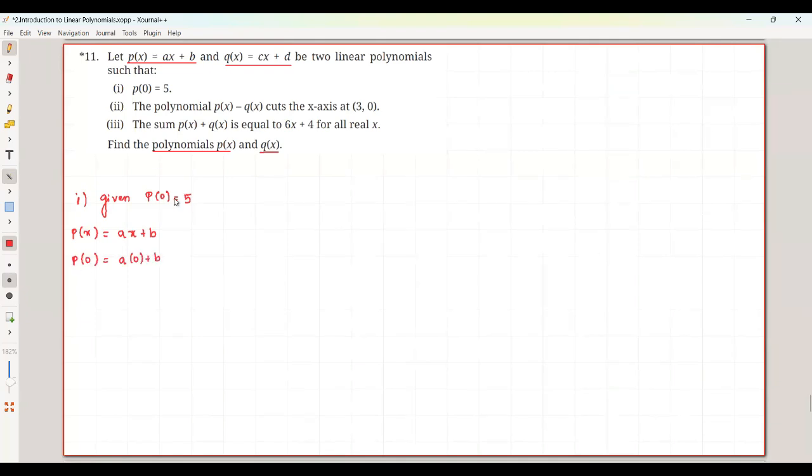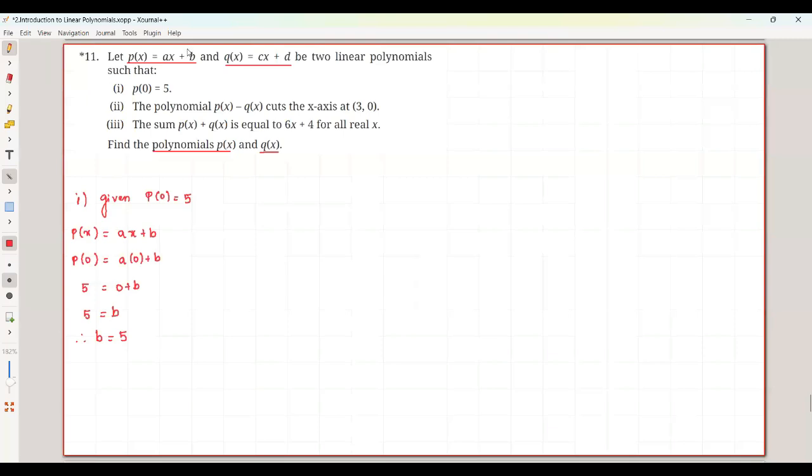Now P of 0, what is given? 5 is given. So 5 is equal to a into 0, which is 0, plus b. That means 5 is equal to b. Therefore b value is equal to 5.